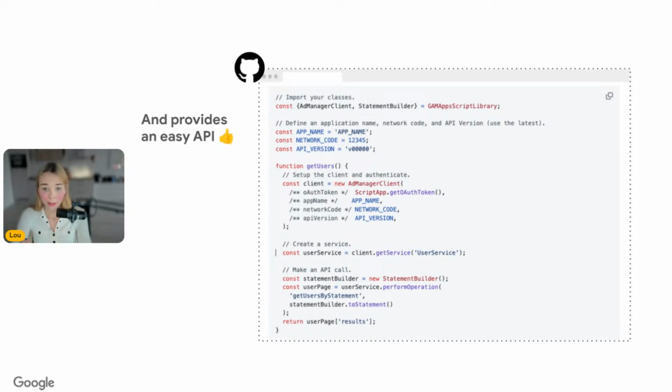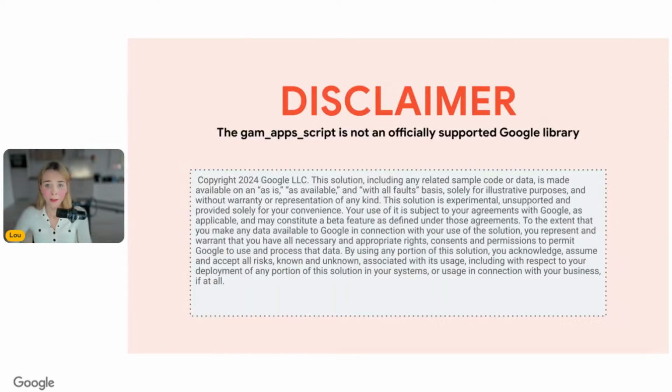It has all the data parsing you need. Just follow the Google Ad Manager API reference and check out the README on GitHub, and you'll be able to get started quite quickly. Big disclaimer here, guys: the GAM AppScripts library is not an officially supported Google library. Even though we open sourced it, feel free to use it at your own risk.